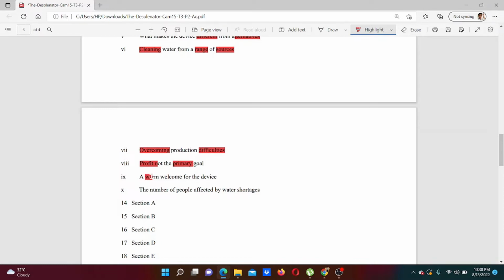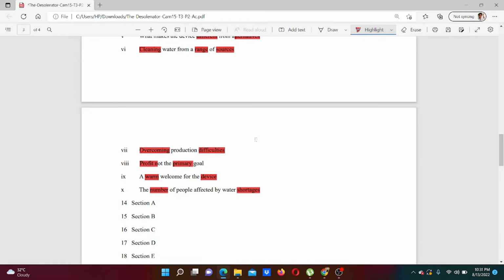So maybe when they published the device, it got a very warm welcome from the public. The number of people affected by water shortage. So maybe they are going to mention some specific number of how many people will be affected by water shortage. So as you can see, we have analyzed all the list of headings.